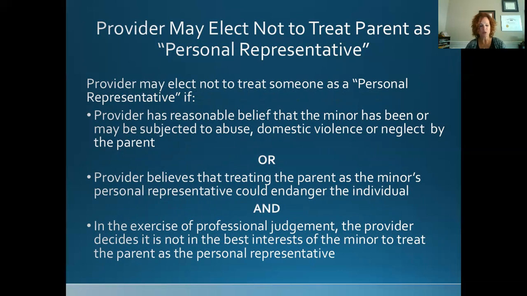So those are the only two exceptions: minor receiving confidential services, or if the provider makes the selection. Otherwise, the parent is the personal representative of the child and essentially treated as if they are the child in terms of access to their records.